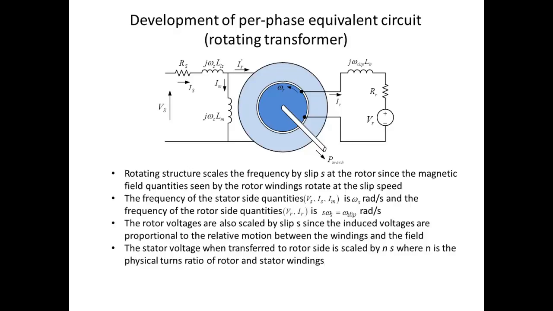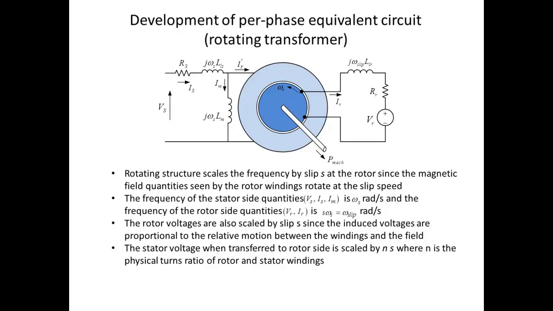Okay, so as I said, the rotating structure, as opposed to the stationary windings in the transformer, introduces several differences between transformers and induction machines. First and foremost, in the transformer, the frequencies of all the voltages and all the currents in both the primary and secondary or any other windings are exactly the same frequency, same as the applied, say, the grid frequency.